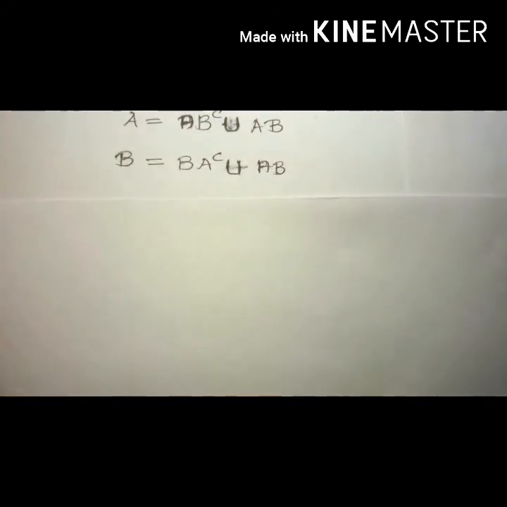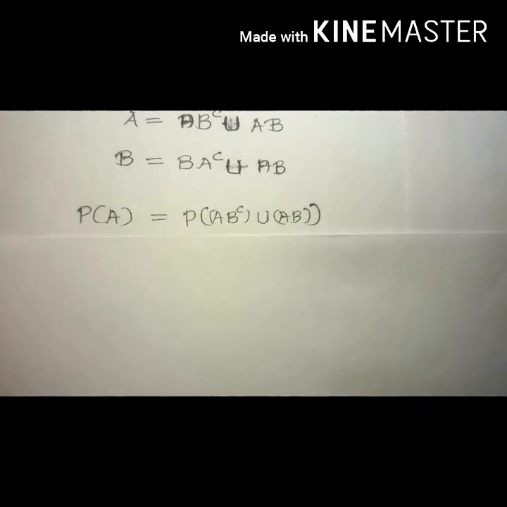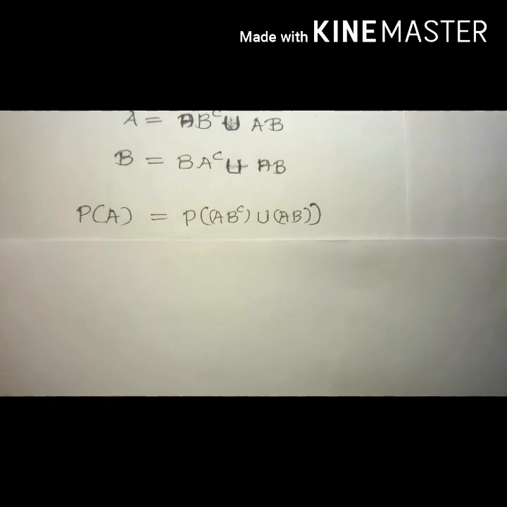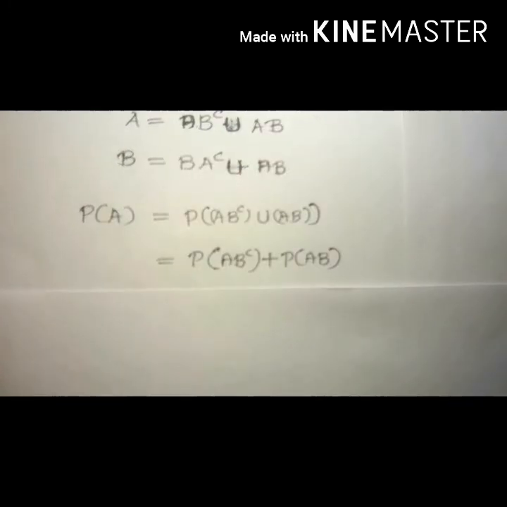Now applying probabilities on both sides, we get P(A) equals P(AB complement union AB). Since AB complement and AB are disjoint events, we can use the sigma additivity of probability measure. This is equal to P(AB complement) plus P(AB).